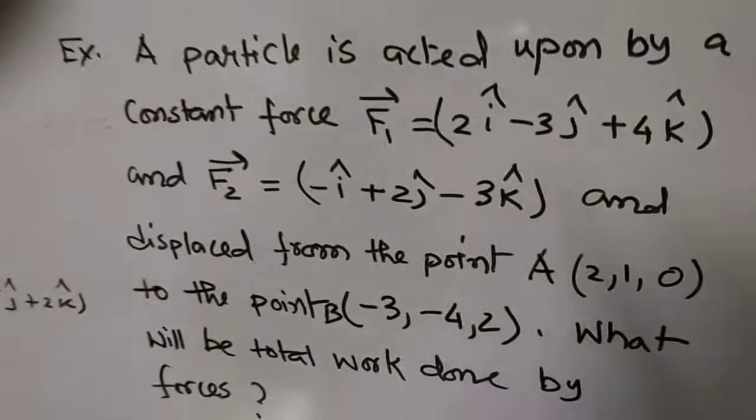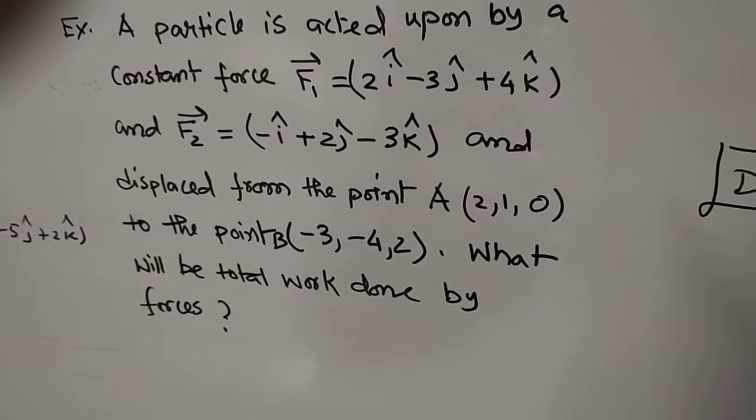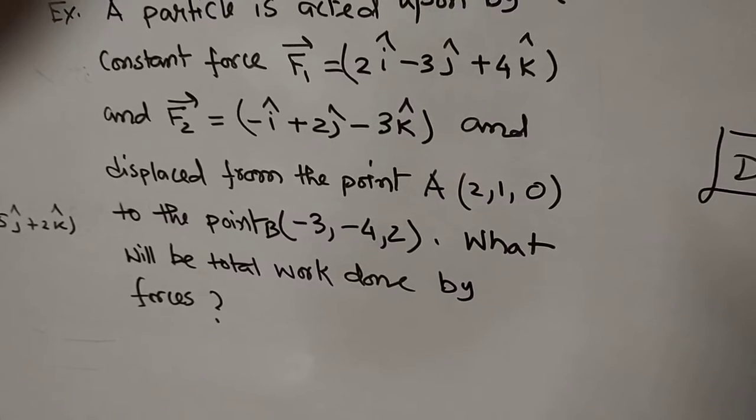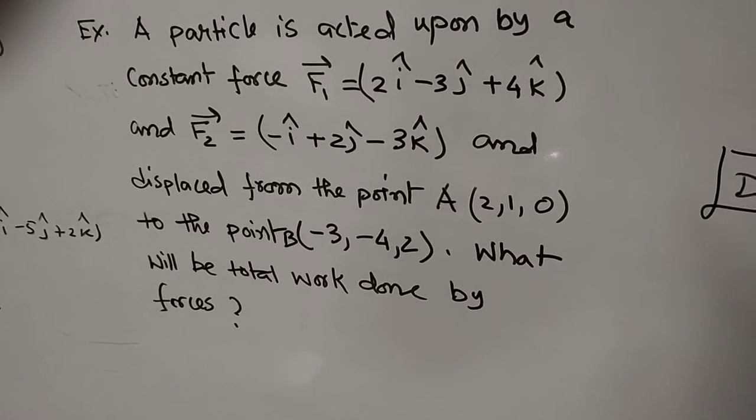This is A, (2, 1, 0), up to the point B, (minus 3, minus 4, 2). What will be the total work done by the forces?